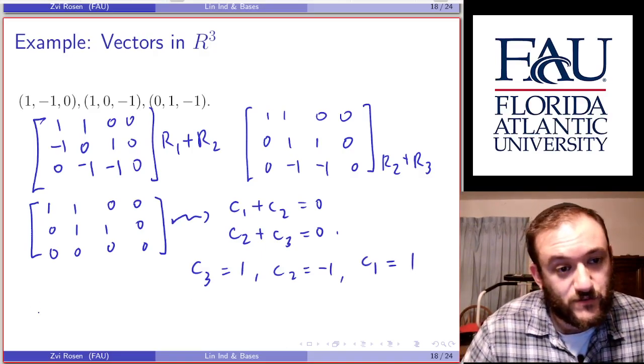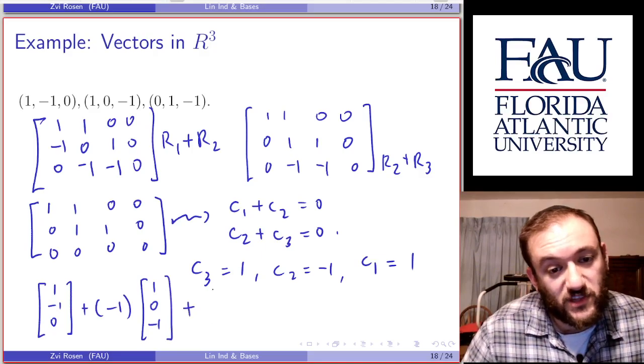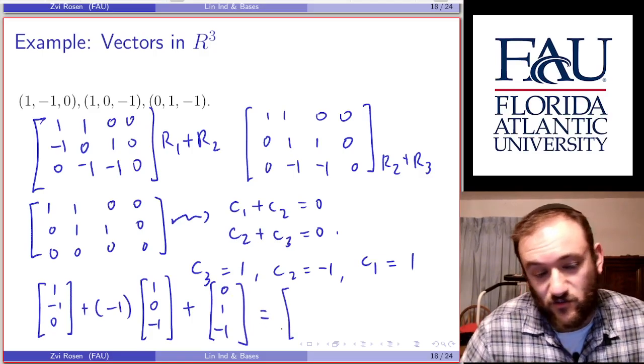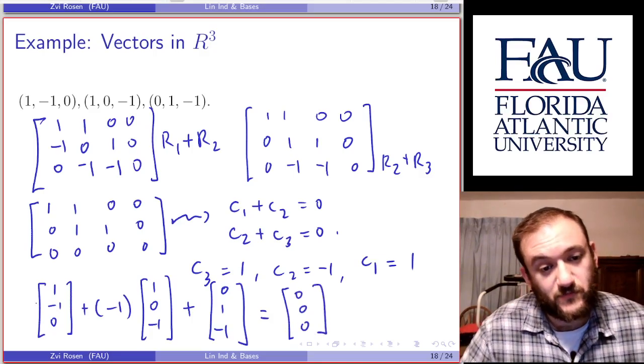Trying that out, we get 1 times (1, minus 1, 0), plus negative 1 times (1, 0, minus 1), plus positive 1 times (0, 1, minus 1), and doing the arithmetic, we get the 0 vector.